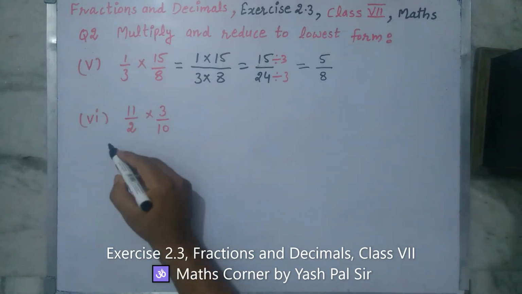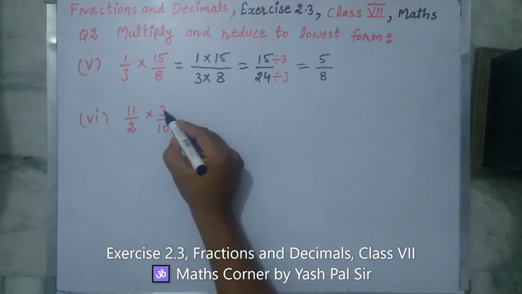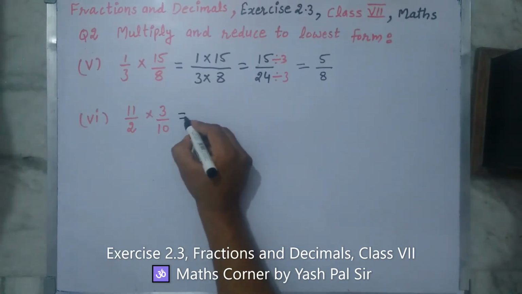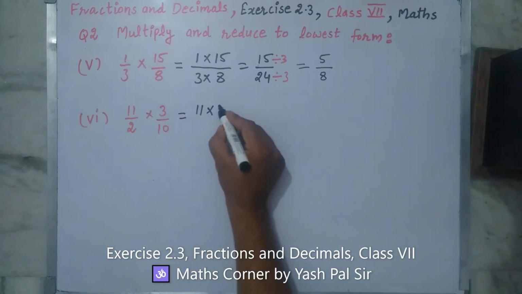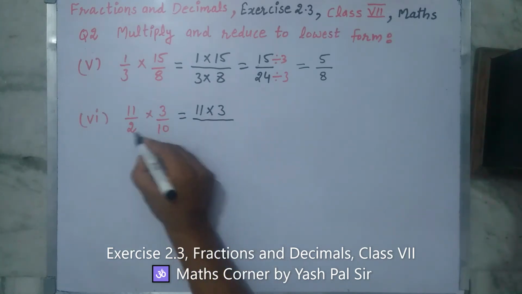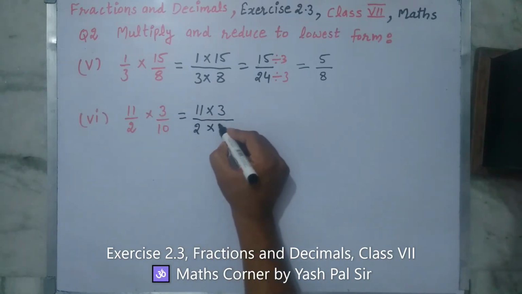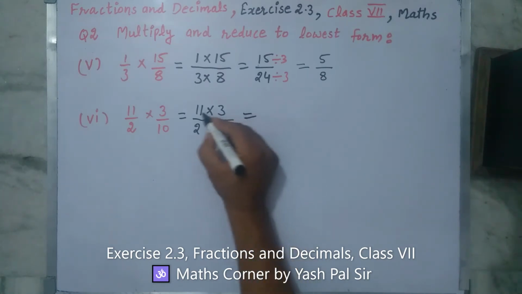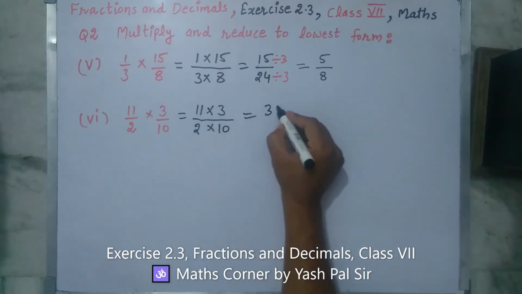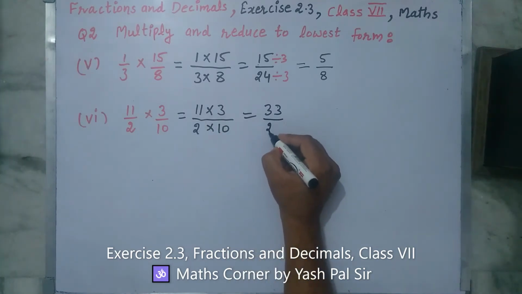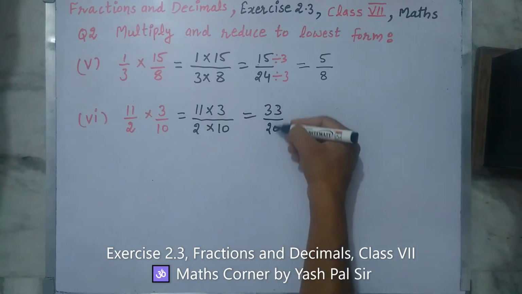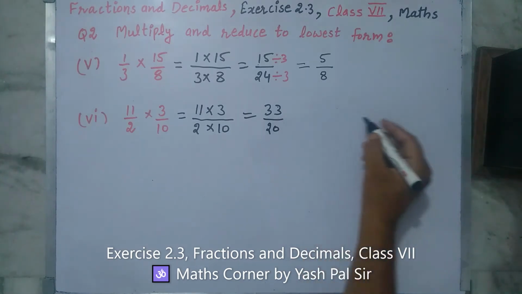Now part number 6, 11 by 2 into 3 by 10. So how to multiply? Numerator 11 multiplied with 3, divide 2 into 10. So the answer is 11 into 3, 33, 2 into 10, 20. Is there something common between the two? No, there is no common.